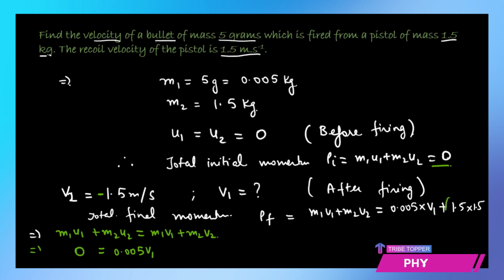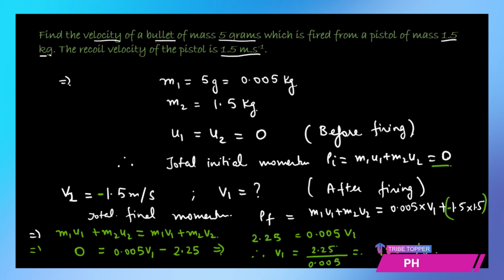This would be 1.5 into negative 1.5, which is minus 2.25. Taking it to the other side, 2.25 is equal to 0.005 times v1. Therefore v1 is 2.25 divided by 0.005, and on solving, we get 450 meters per second. This is the velocity of the bullet.